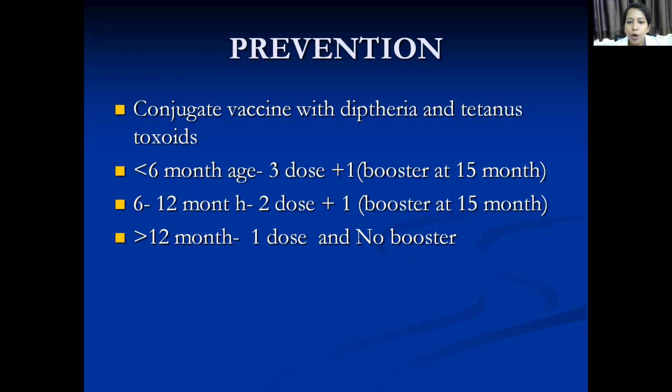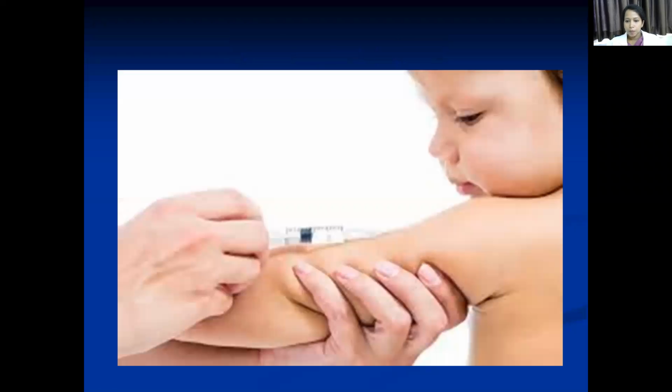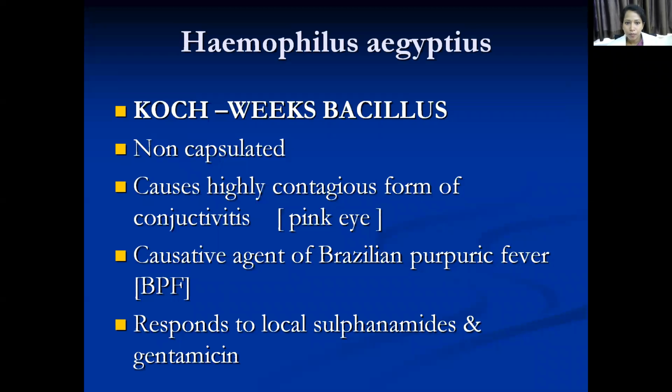So this is the schedule of the Hib vaccine: before 6 months, 3 doses plus a booster dose at 15 months. At 6 to 12 months, 2 doses plus 1 dose. After 12 months, 1 dose and no booster. This is the vaccination.